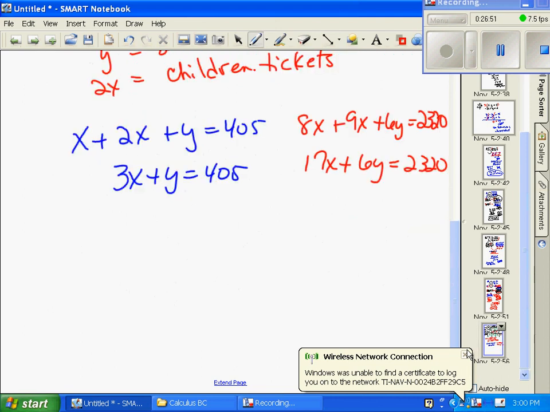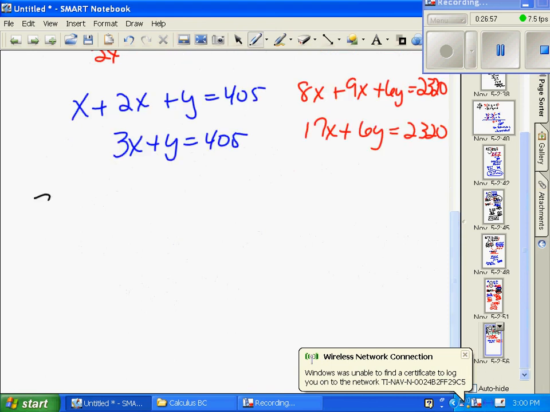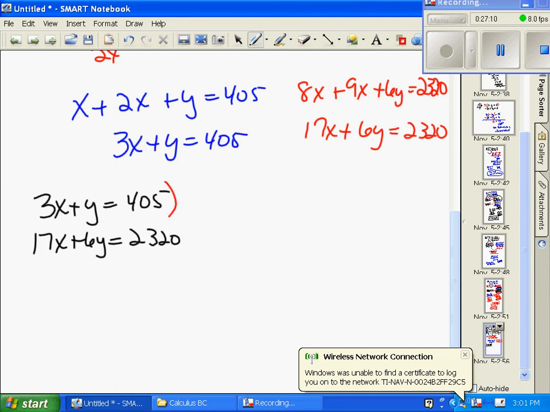And again, here you can do substitution or you can do elimination. I like elimination, so I'm going to do it that way. 3x plus y equal to 405. 17x plus 6y equal to 2320. So I'm going to eliminate the y term by multiplying the top equation by negative 6.